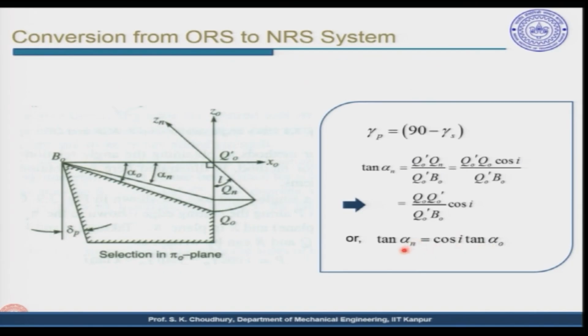As you can see, alpha n is in the normal rake system, whereas I and alpha 0 are in the ORS. This is the orthogonal rake angle, this is the tool inclination angle, and this is the normal rake angle. This is in the NRS, this is in the ORS. So this relates the NRS and the ORS system.